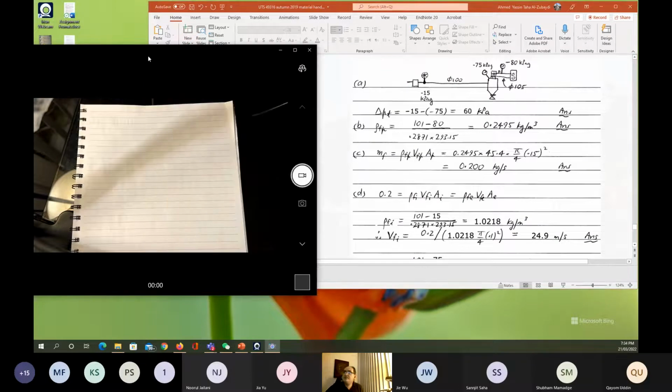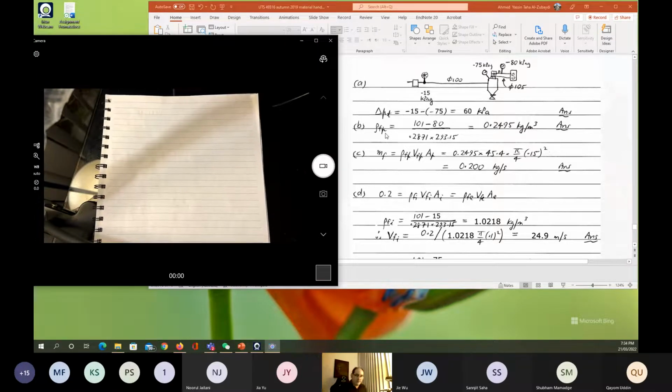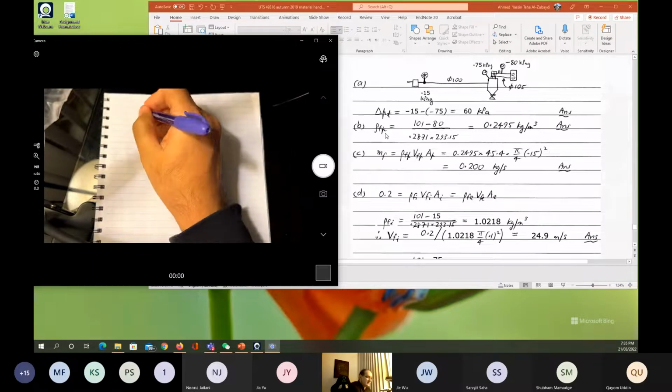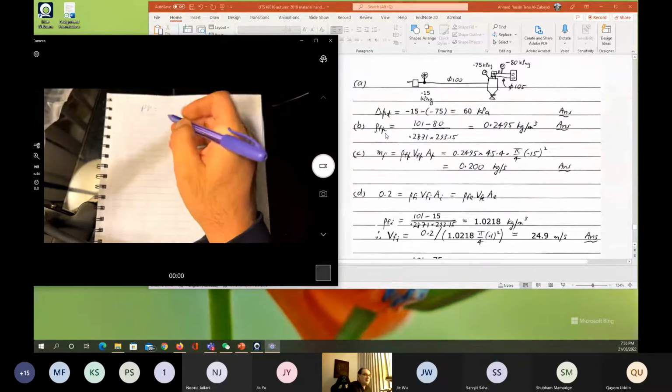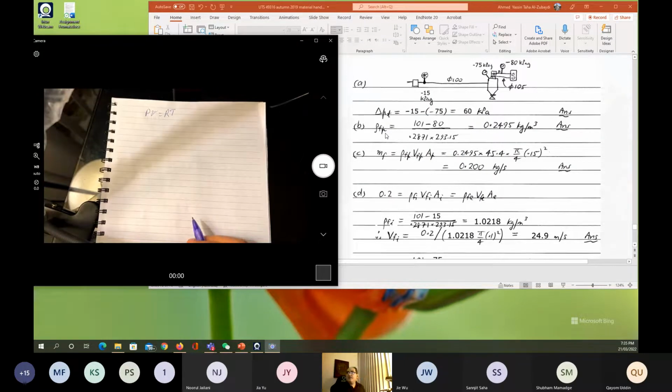Okay, so let me explain how, after we found the pressure difference, we found the value for the density. You remember that we had the ideal gas equation, telling me that PV is equal to RT.